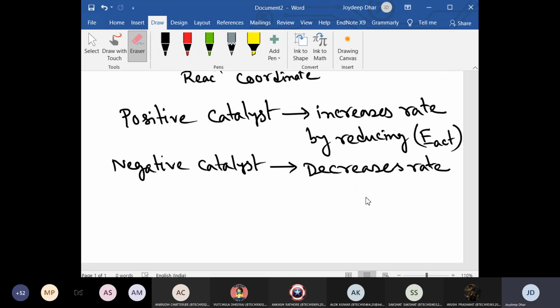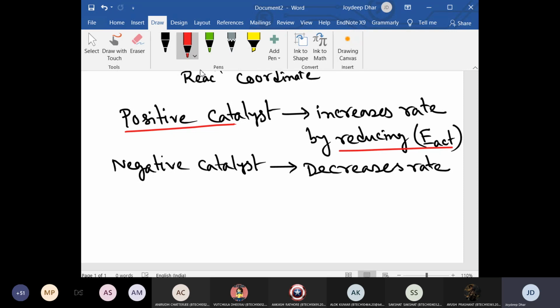Most of the cases some chemical reaction. So it is not like it will increase the activation energy. Okay. So the reduction of rate for negative catalyst, it is not like it is increasing the activation energy. Most of the time or maximum cases, positive catalyst will reduce the activation energy.